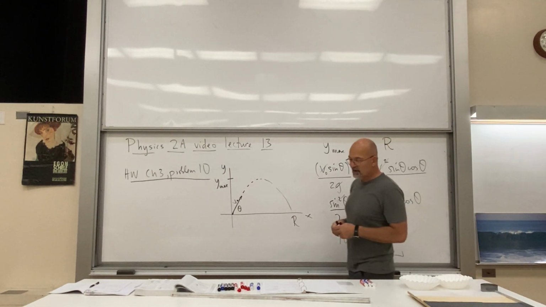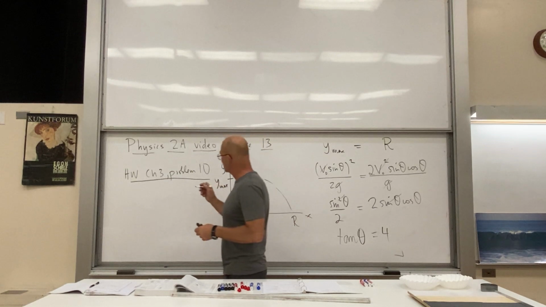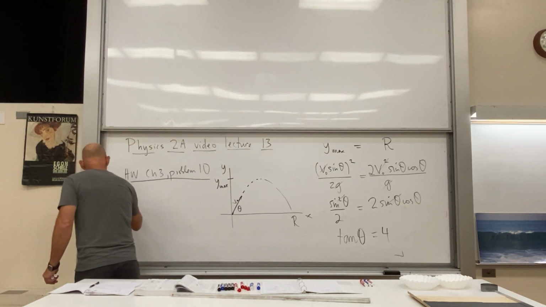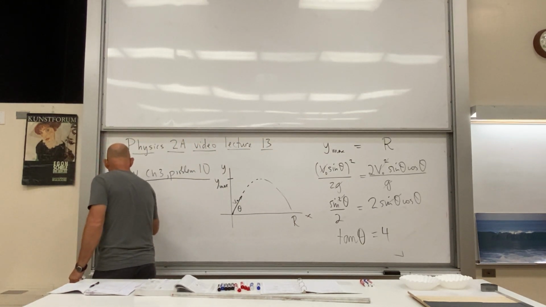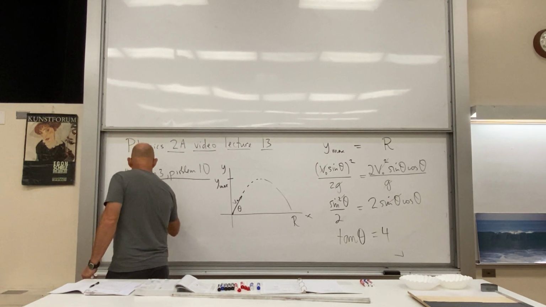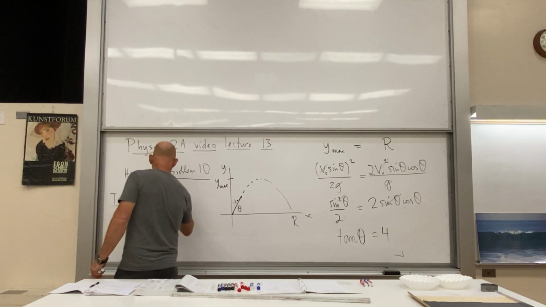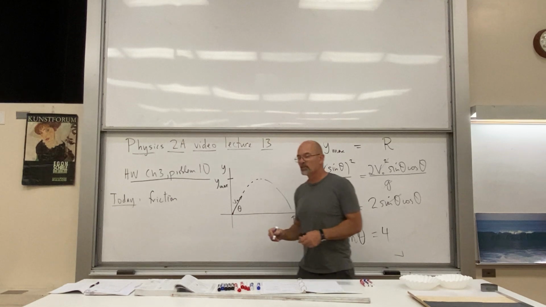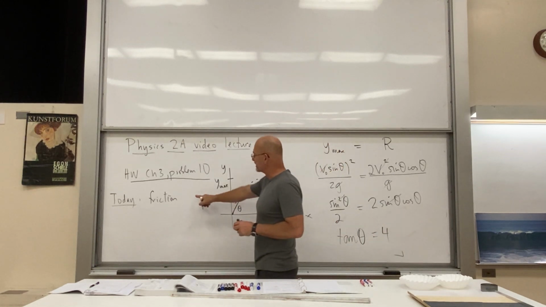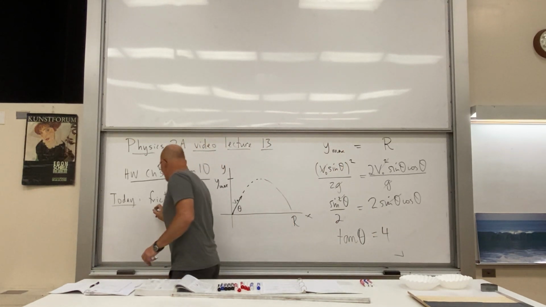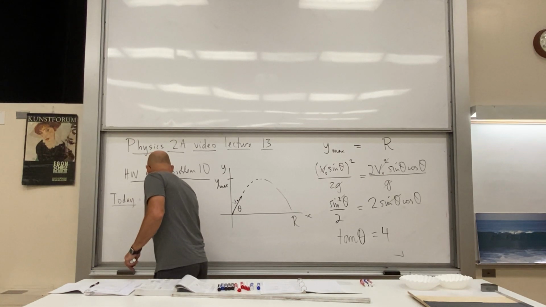And what else is on our agenda today? Quite a bit, so let me make a little list. Today we're going to start out with friction. We've already had some definitions and homework problems on it. I have a couple important things to show you about friction. Then two-body problems.